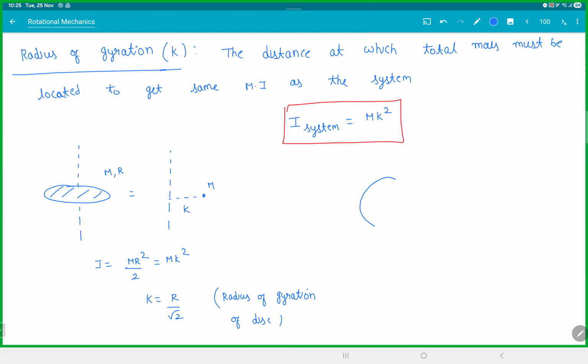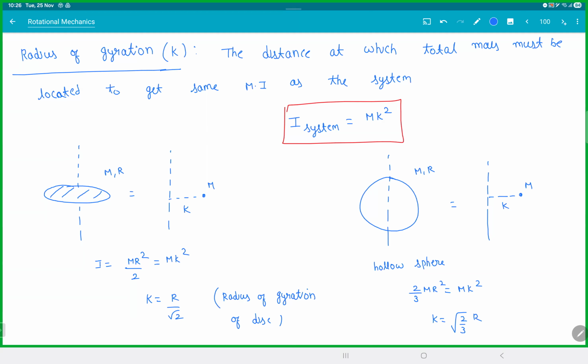For example, if you are given a hollow sphere, you want to replace this entire hollow sphere with one mass m at a distance k. So 2 by 3 M r square is equal to M k square. So the radius of gyration of a hollow sphere will be root of 2 by 3 times r.